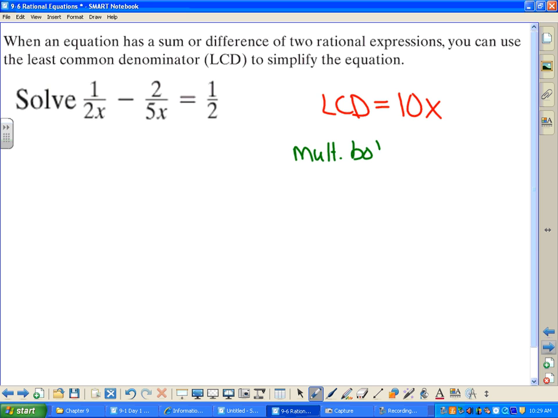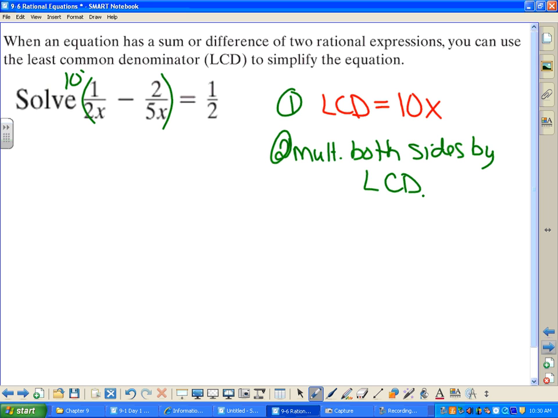Multiply both sides by the LCD. Okay, so first we find it, then we multiply by it. Now, when you multiply, make sure you use parentheses over here on the left. And distribute. And this 10x is like having 10x over 1.